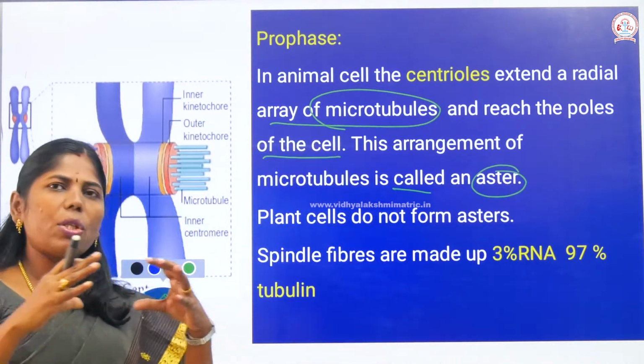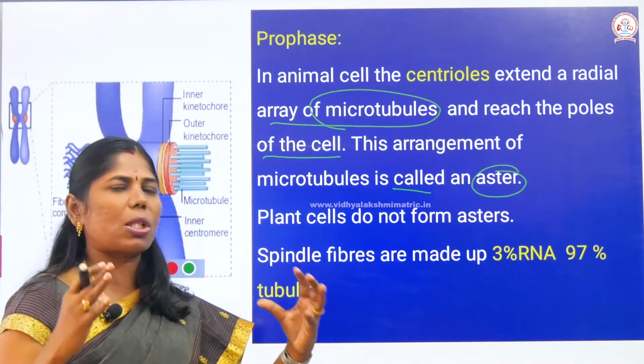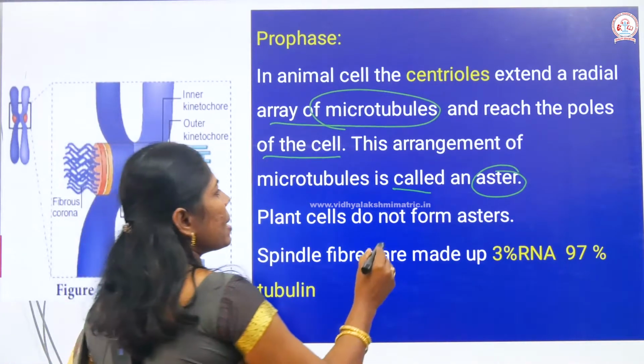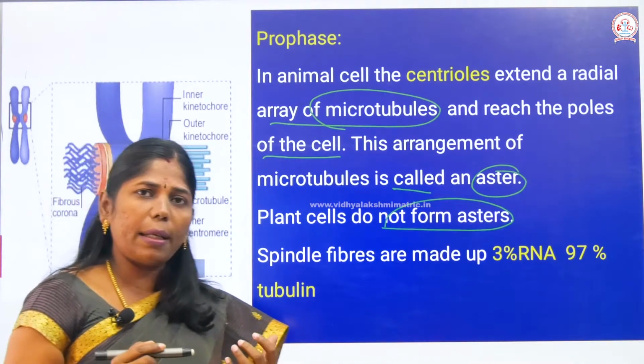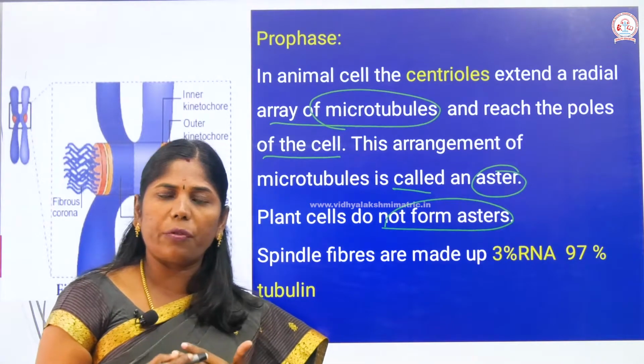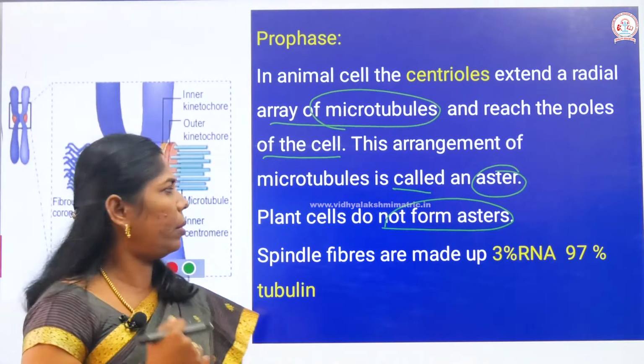Actually, the radiating arrangement of the microtubules spreading out is what we call asters. The plant cells do not form asters. So without asters, how are they formed in plant cells? The spindle fibers are formed outside of the nuclear membrane. So what are the spindle fibers made up of?